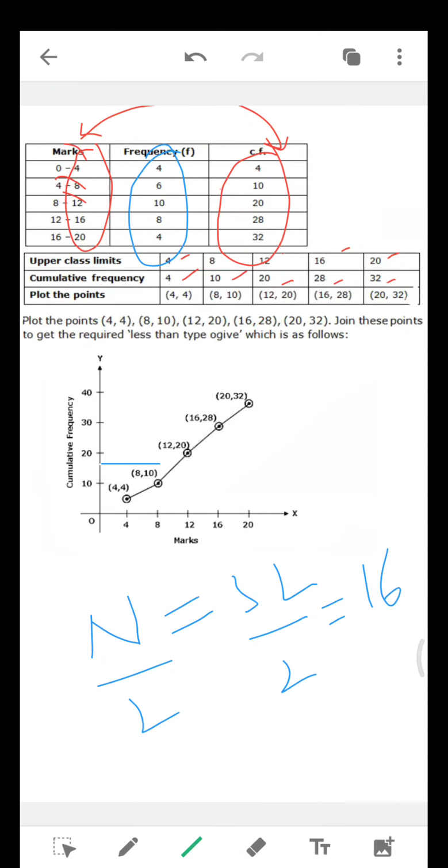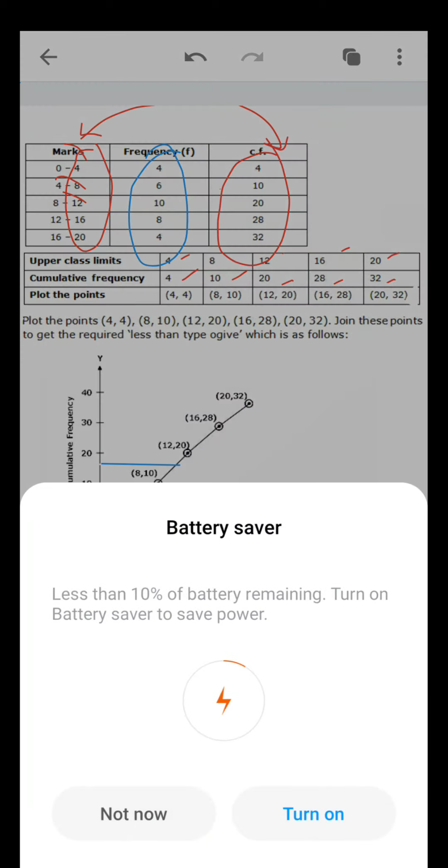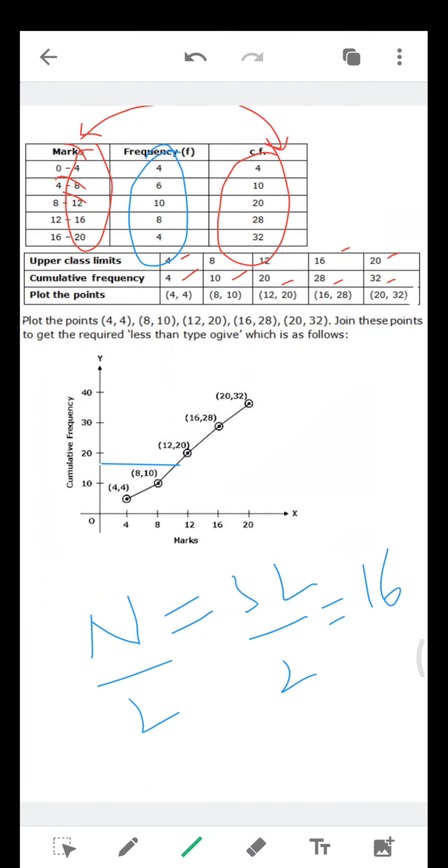From here you should draw a line parallel to the x-axis, stop it when it touches the curve, then drop a perpendicular from that same point where it is touching. Wherever this meets, that will be your median in this case. So you can find the median is coming to around 10. The median of this data is approximately 10 units. When you draw a line properly, you will get a very close value of the median.